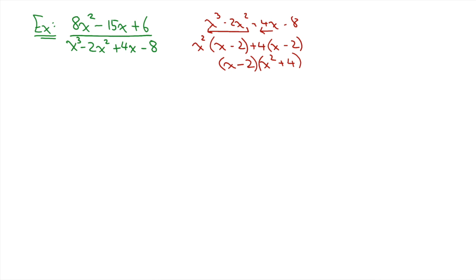Can you factor x squared plus 4? No. It has to be x squared minus 4 in order for it to factor. So I'm going to rewrite this as 8x squared minus 15x plus 6 all over x minus 2 times x squared plus 4.